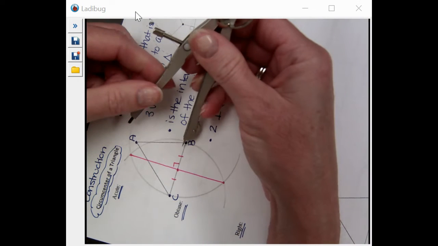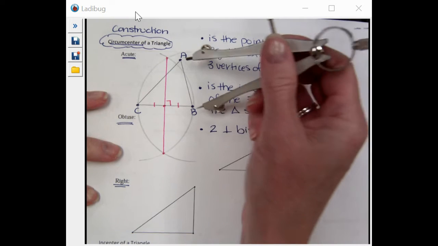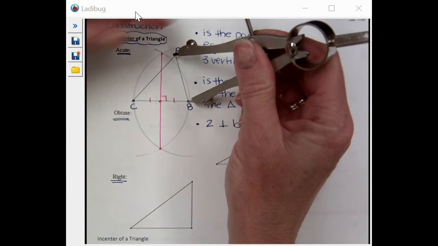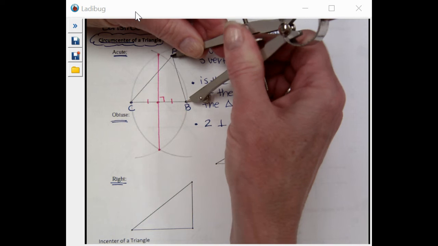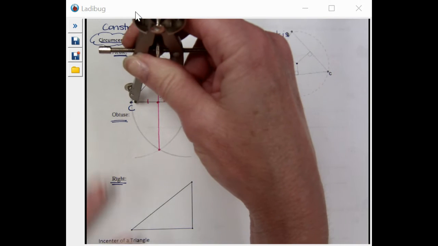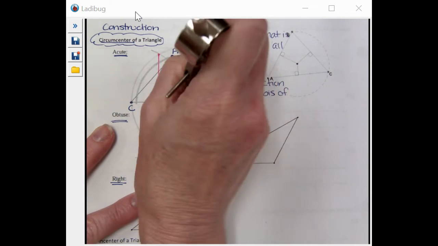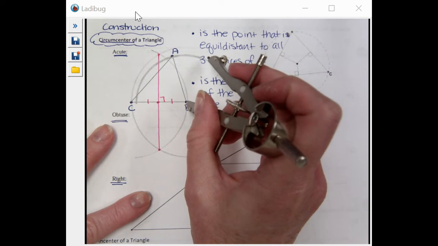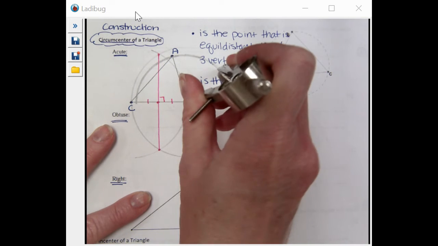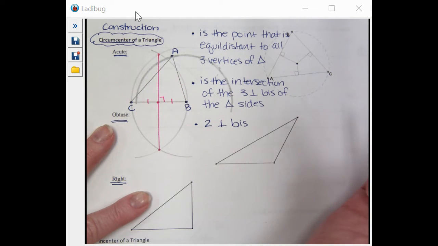So let's set our compass to the endpoints of my segment or anything more than halfway. Now I'm going to draw a big arc. I'm going to press down and try to make this arc a little bit darker. Maybe that'll help it stand out so I don't get it mixed with all the other stuff already on my paper.